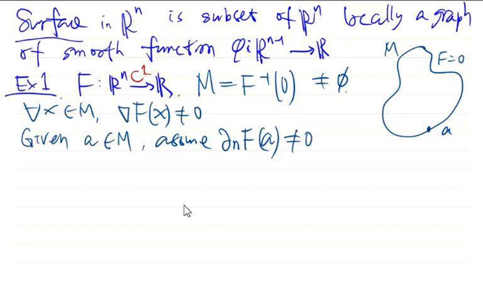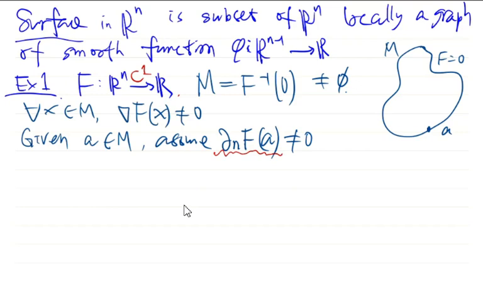Because the gradient at A is not 0, at least one component of the gradient is not 0. Okay? So without loss of generality, we assume that the last component of the gradient at the point A, that is the partial derivative of capital F with respect to xn, is not zero.